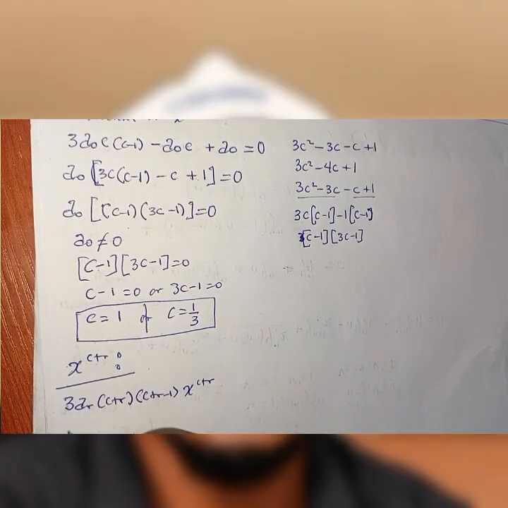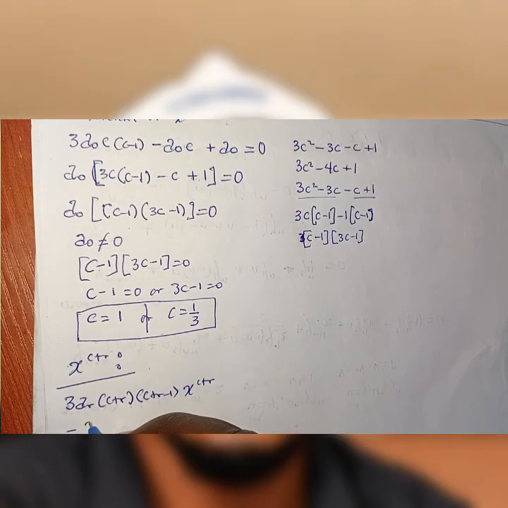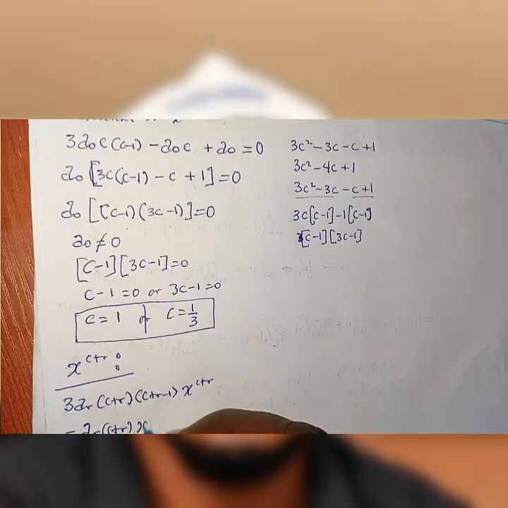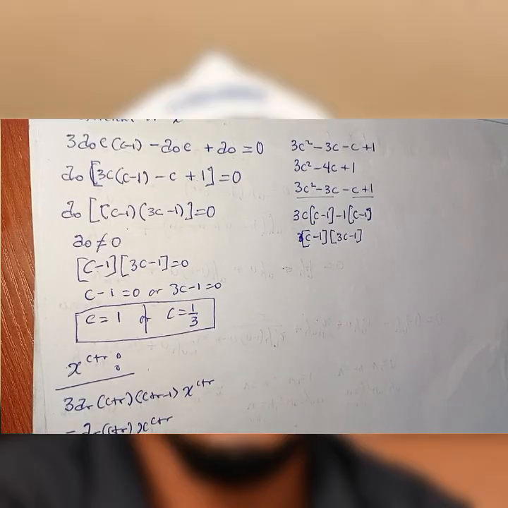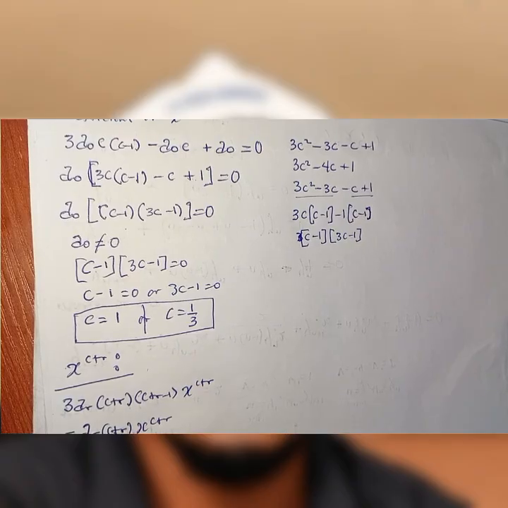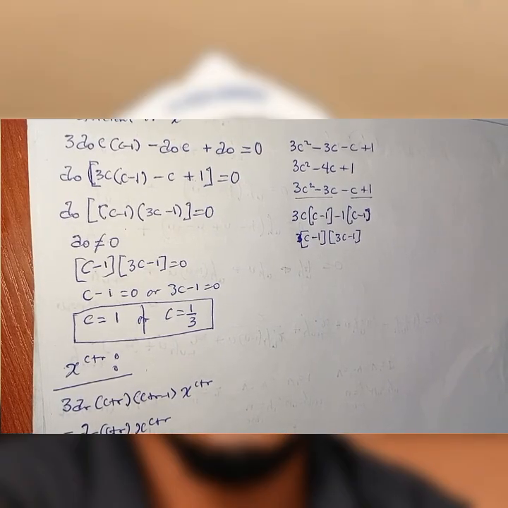Now, from the second one, we have minus ar (c plus r) x raised power c plus r. Then from the third one, we have ar x raised power c plus r. From the fourth one, we have ar x raised power c plus r plus 1.